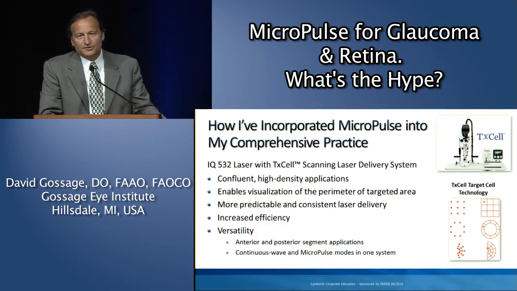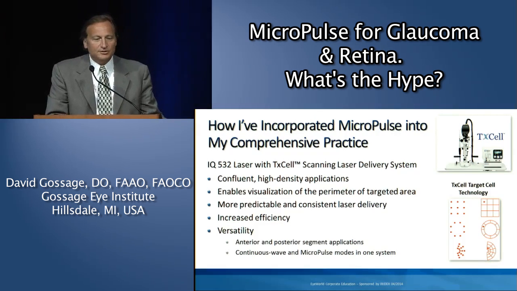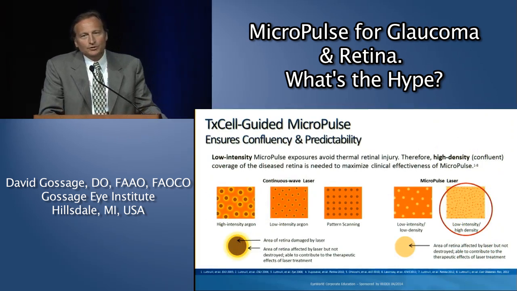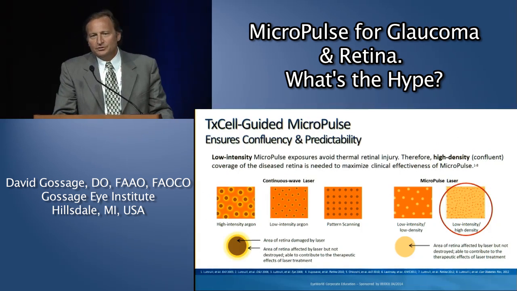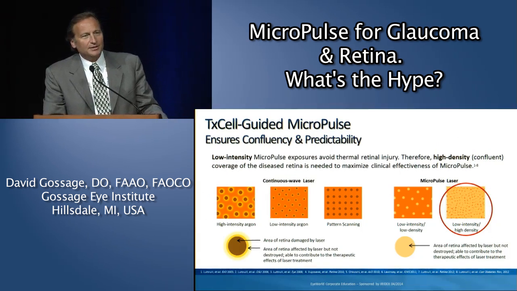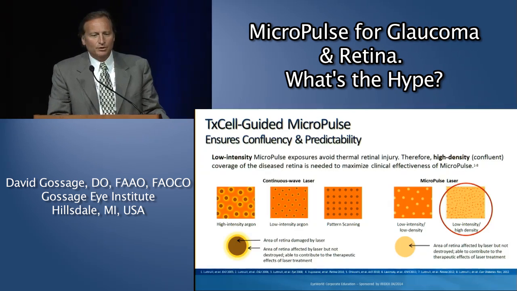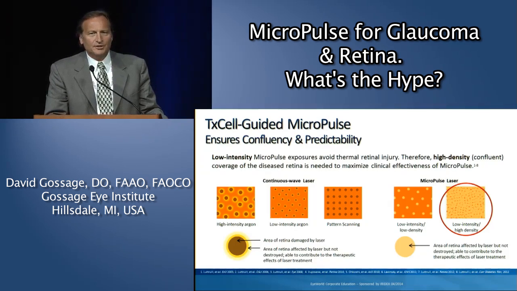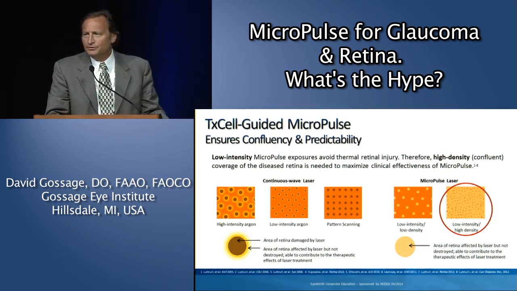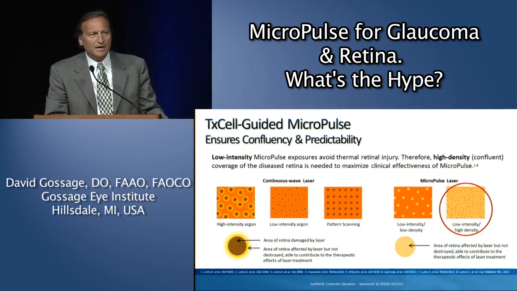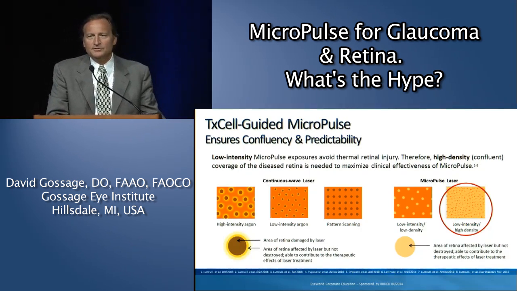And the versatility of this laser, like we talked about before, is that it can be used as a continuous wave laser or a MicroPulse laser, and it can be used for both the anterior as well as the posterior segment. So when you look at this slide, you can see the original argon-treated eyes, where we create those heavy burns, versus the modified ETDRS, which would be a little bit less intense burn. But either way, you're creating a burn. And really, the biological effect that we're seeing is not the burn, but the area surrounding the burn.